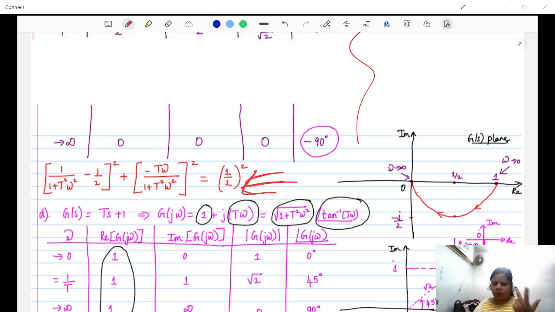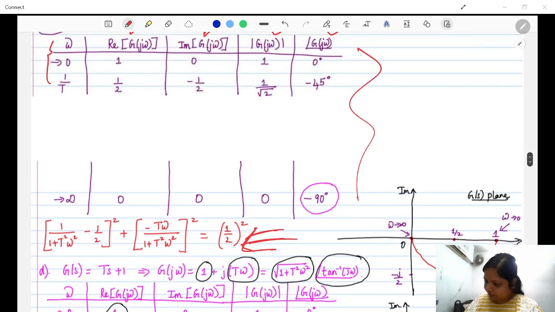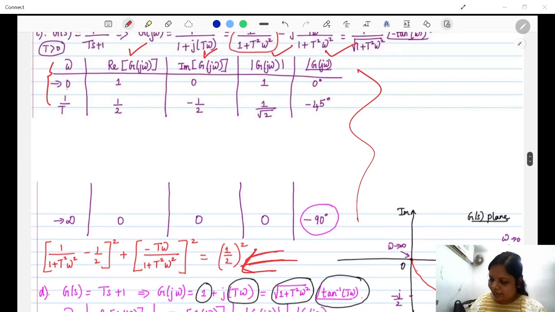Omega is equal to 0 and omega is equal to infinity. How did this circle equation come? It is mainly an intuitive way. As omega was varied from 0 to infinity, all the values were taken on the plot.